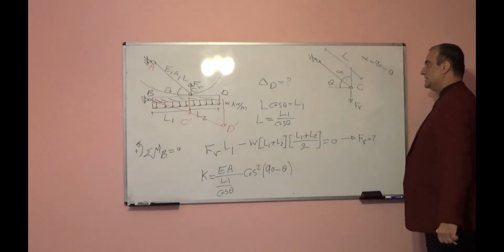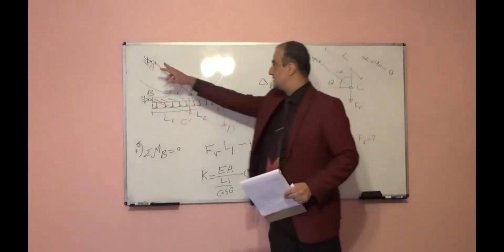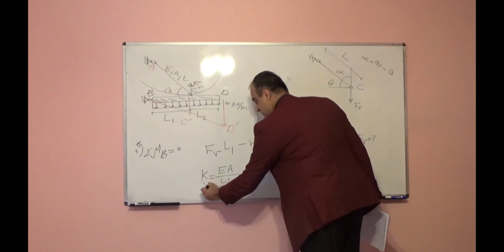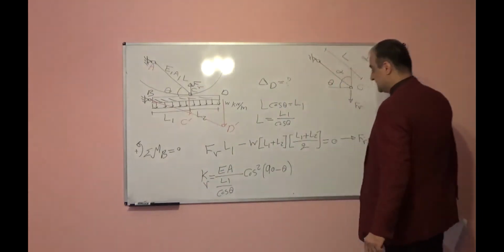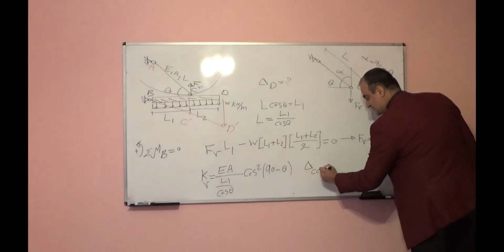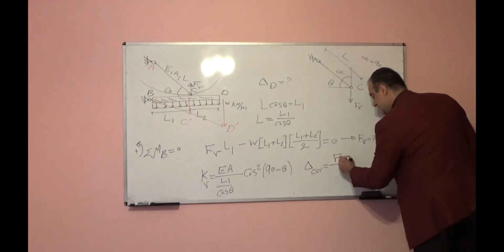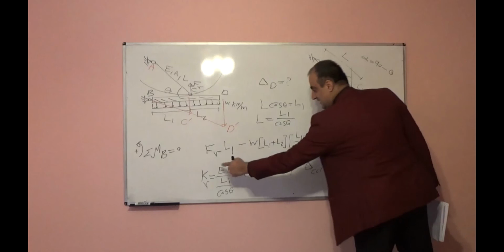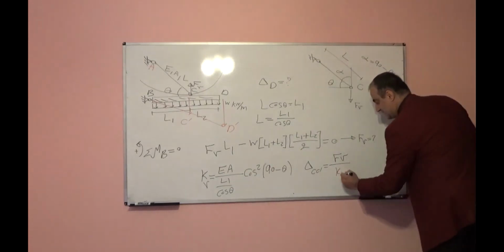This will be the stiffness of this rod in the vertical direction, or in the force direction. So delta CC prime will be FV, which we have, divided by KV.